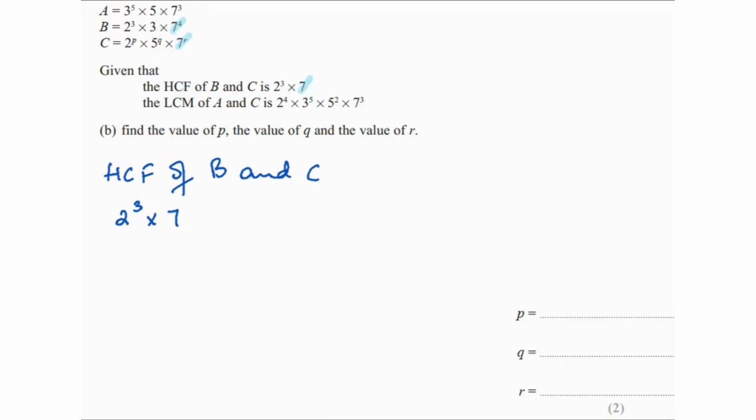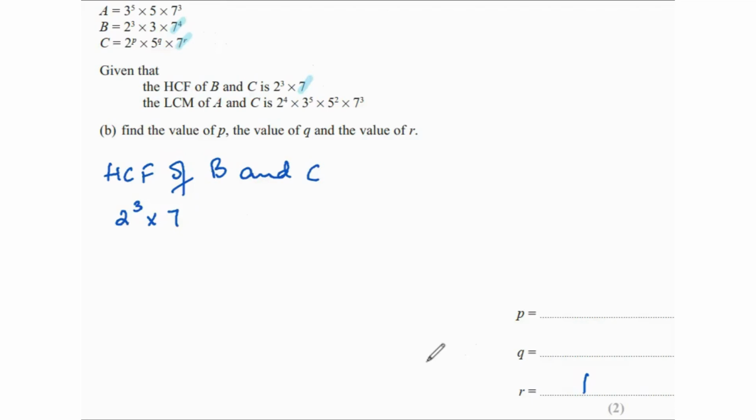We cannot take 7 to the power of 4 because that's not common between both of them. They said the HCF is 2 to the power of 3 times 7 to the power of 1, and 7 to the power of 4 is bigger than 7 to the power of 1, which means R is 1. So based on this, R equals 1.